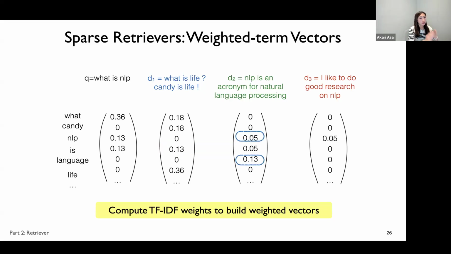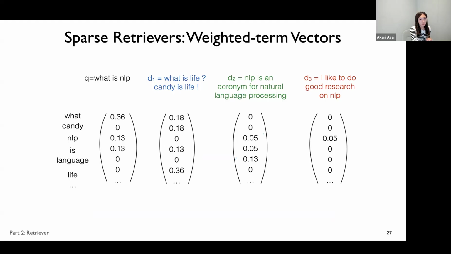Also, even inside the same document, terms with the same count can get different numbers because we consider the IDF score. In D2, both NLP and language appear once, but language has a higher score because this word doesn't appear in any other document, so we think that this term is more important than other terms that appear multiple times in other documents.